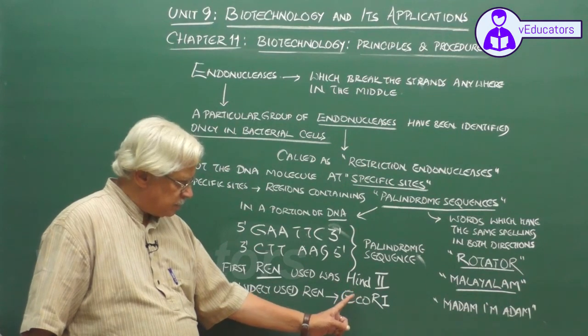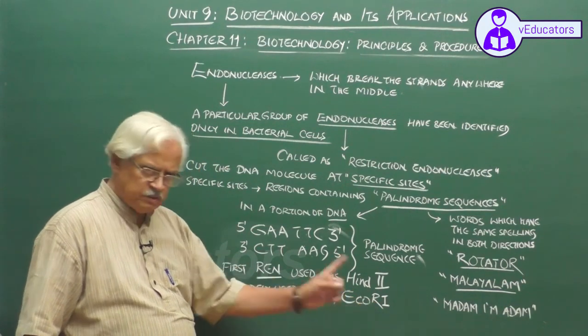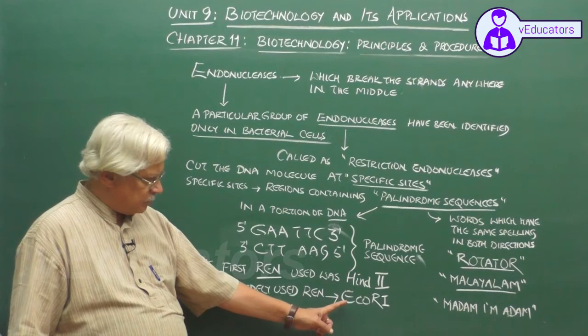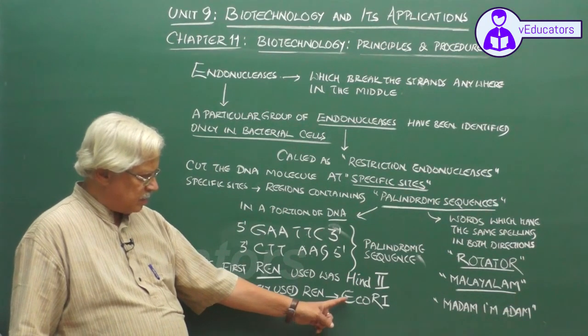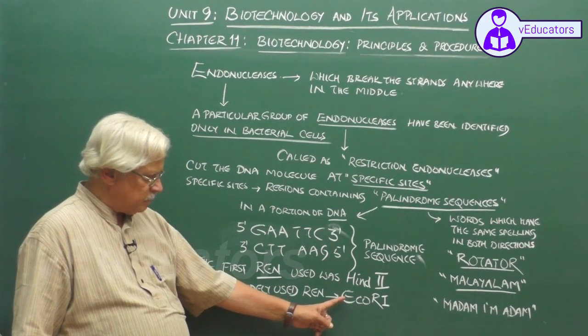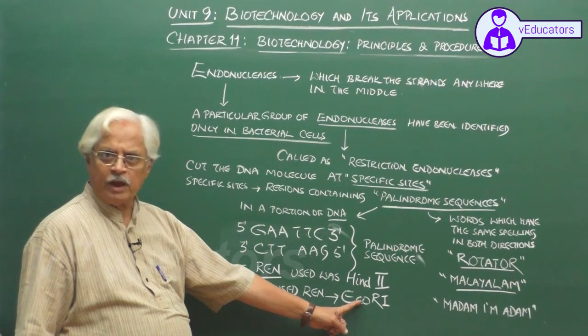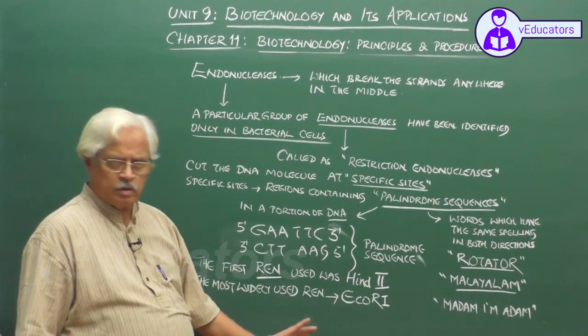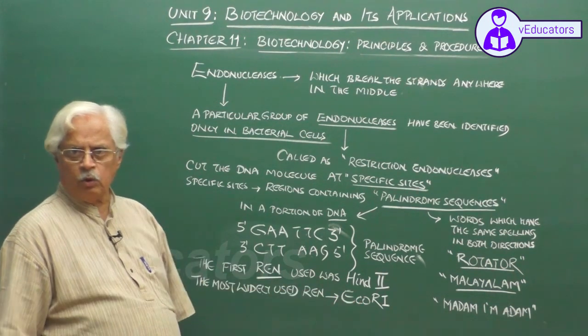Why such specific names are given, we shall see later. This restriction endonuclease has been obtained from the bacteria Escherichia coli, and is named EcoRI.